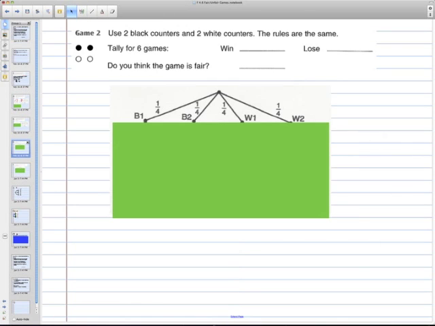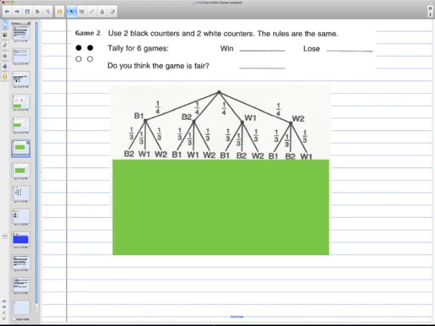Let's take a look at game 2. Game 2 uses 2 black counters and 2 white counters, but the rules are the same. So you can see from our tree diagram there are now 4 outcomes, B1, B2, W1, W2, and each has an equal chance of occurring. So it has a 1 in 4 chance, theoretically, to be chosen. When we add on the second counter that can be pulled from the bag, there are 3 counters left.